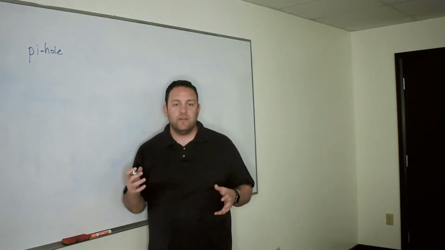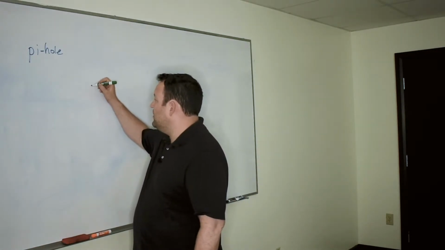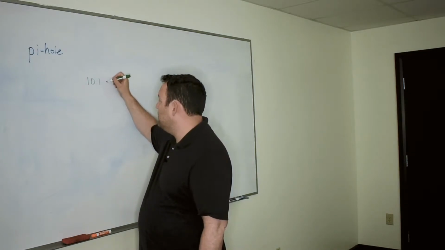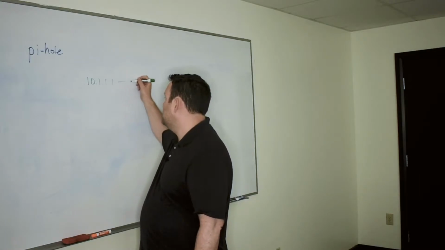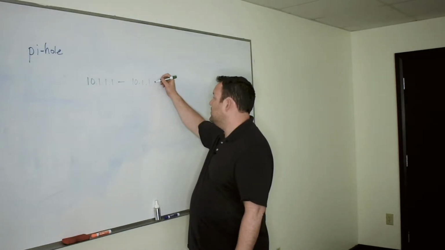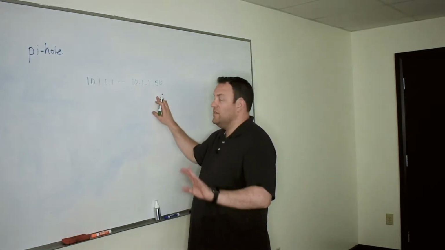Now the wireless network there has been pre-configured so that when they join, they'll join inside of a pool between 10.1.1.1 to 10.1.1.50. Okay? So they'll be somewhere in here.